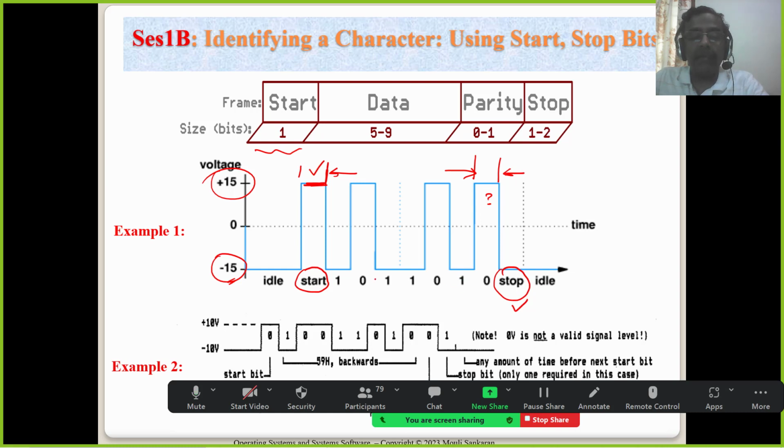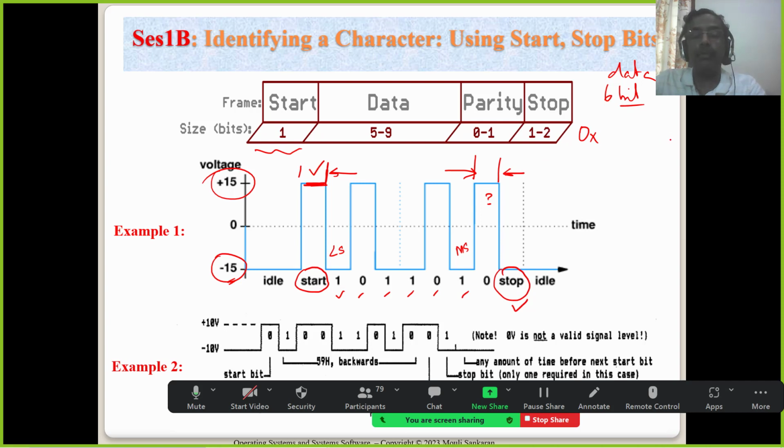Now data value, how many bits is it sending? 1 2 3 4 5 6. It is sending a 6 bit data value. Data bits are 6 here, and I told you that this is LS bit and this is MS bit. Now can you read it in a proper way?